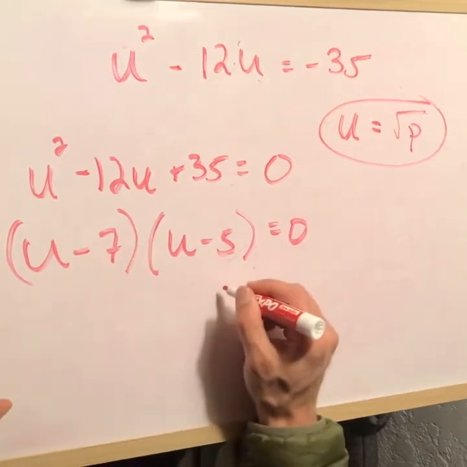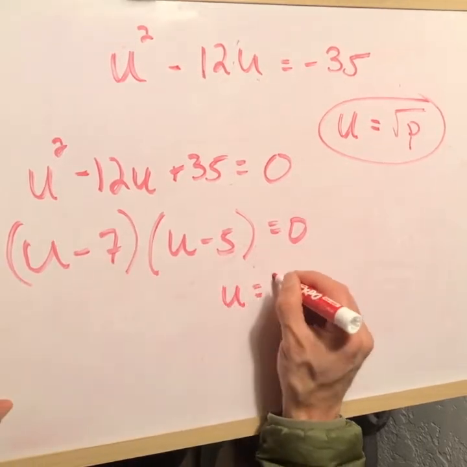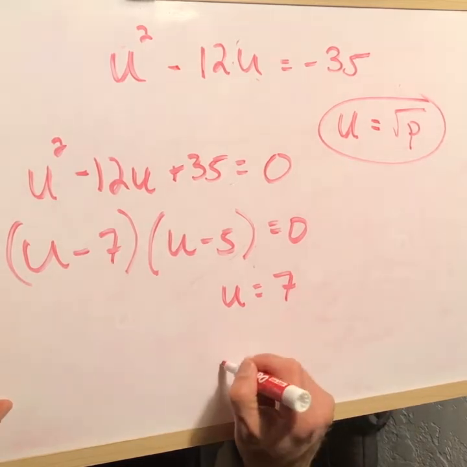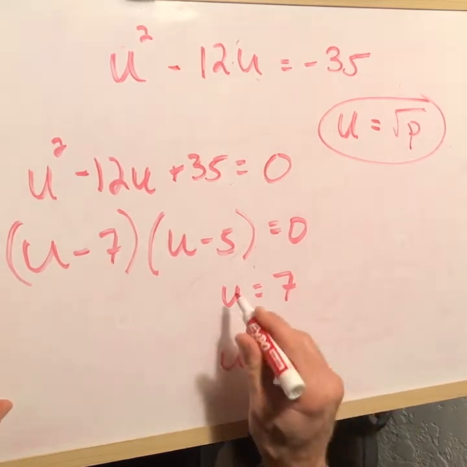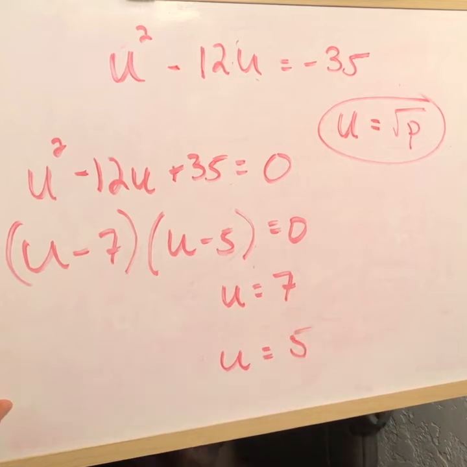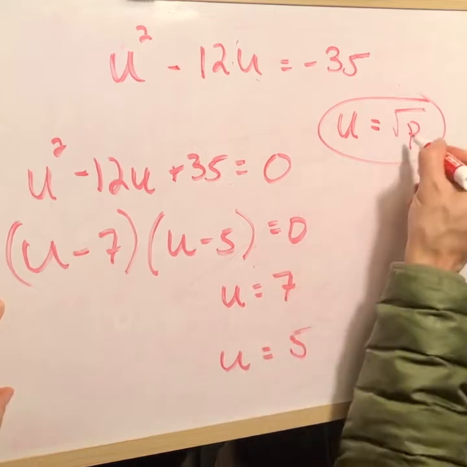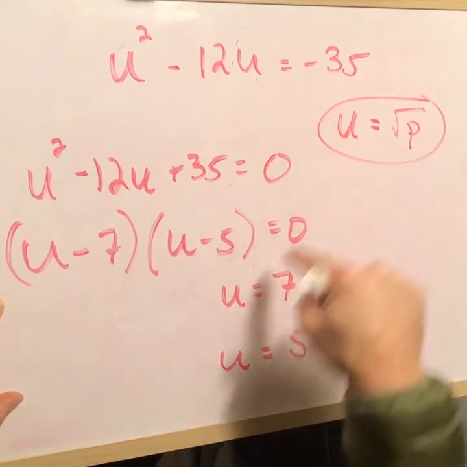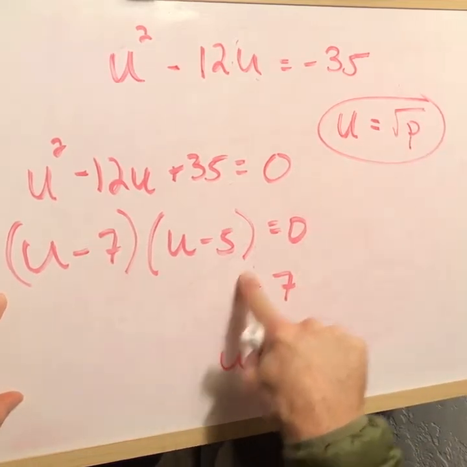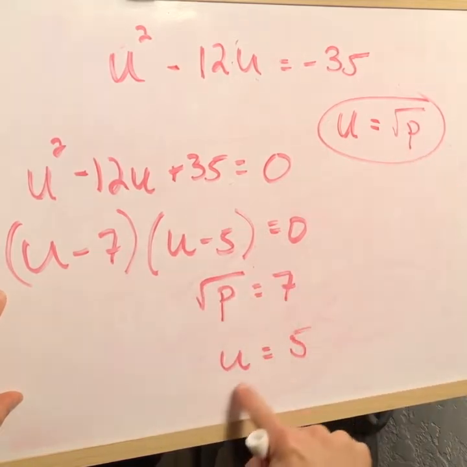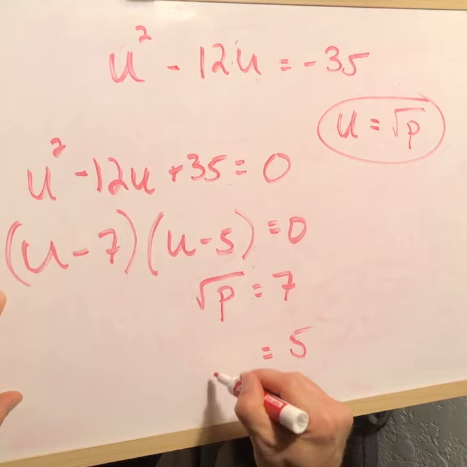This is going to give me u equals 7. This is going to give me u equals 5. All right, good. Now, u is actually a substitute for the square root of p.